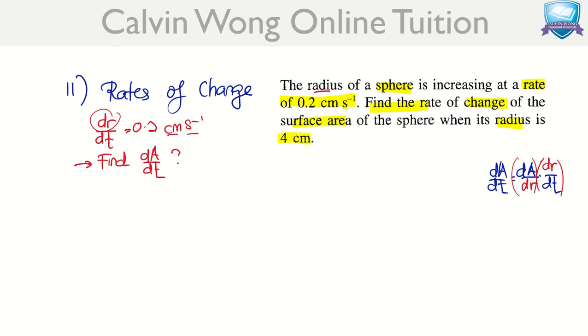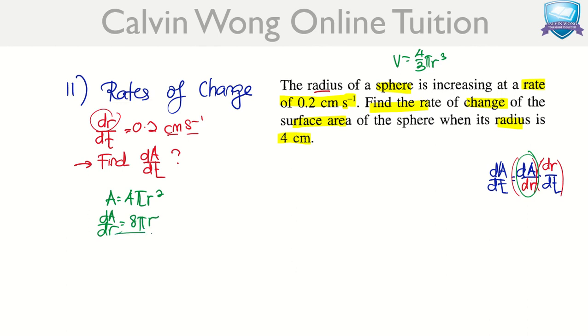Area of a sphere is 4 pi r squared. Volume is 4 over 3 pi r cubed. So I want to find dA/dr, which is 8 pi r.